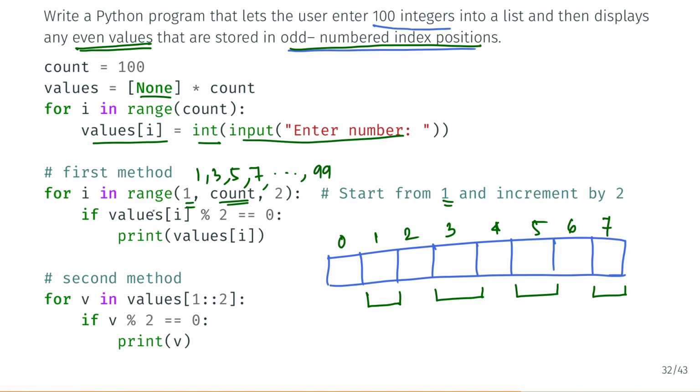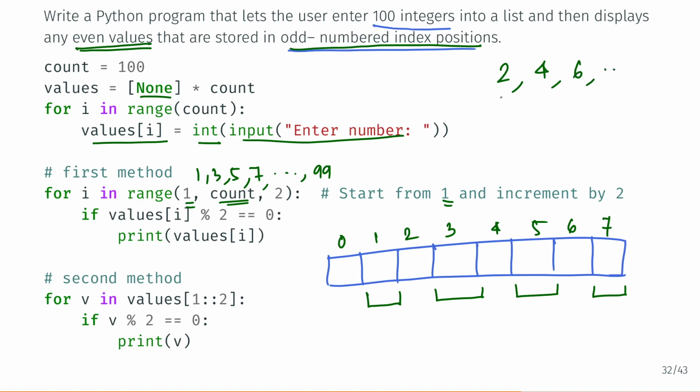Anyways, so for i in range 1 through count, which is 100, in steps of 2, if the value is even, which means the value divided by 2 gives a remainder of 0, right? That's what even numbers are. Any even number, let's say 2, 4, 6, and so on.